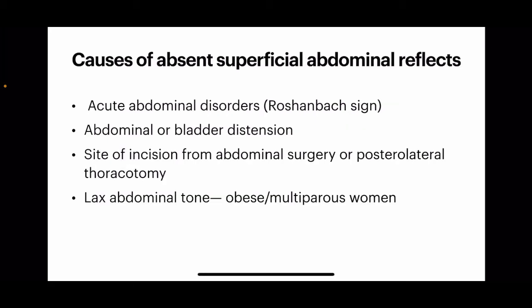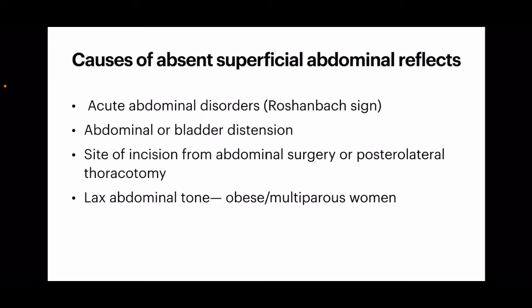Now there are certain situations where the superficial abdominal reflexes will be absent. So you need to know the common causes behind an absent superficial abdominal reflex. It could be acute abdominal disorders, and this is called Rosenbach sign, or abdominal or bladder distension, or if the site of incision from an abdominal surgery or a posterolateral thoracotomy is very adjacent to that, again the stimulus will not be produced, and a lax abdominal tone, as in an obese patient or a multiparous woman.